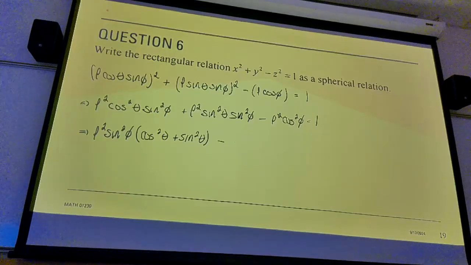First two terms have a rho squared sine squared of phi common, factor it out. How does that simplify? Cosine squared theta plus sine squared theta equals 1. So how does that first term simplify? Rho squared times sine squared phi.